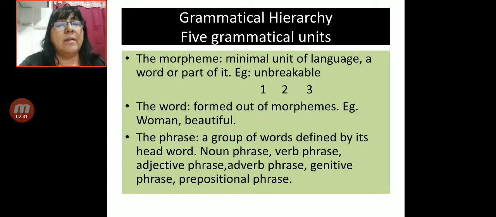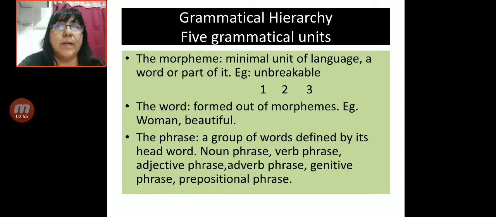Then another unit is the word. Words are formed out of morphemes. For instance, woman, beautiful, table are words.